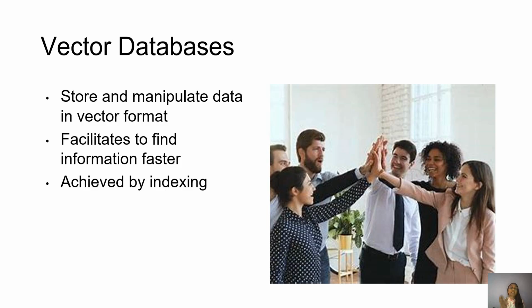This closeness can be represented as vectors, similar to how your steps at the party were represented. So, a vector database is like a huge party organizer that can handle millions of these friend lists.